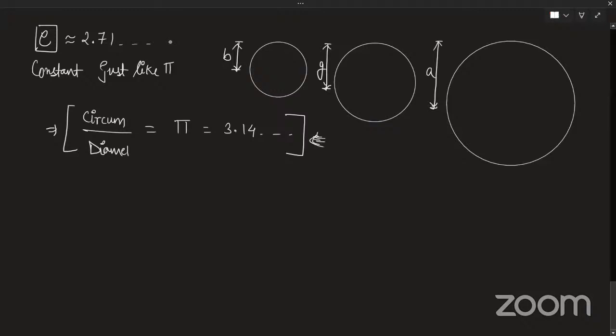It won't be that Bhavna's circle gives something else, Gayatri's something else, and Ashrita's bigger circle something else. It will always turn out to be pi, a constant number somewhere around 3.14.